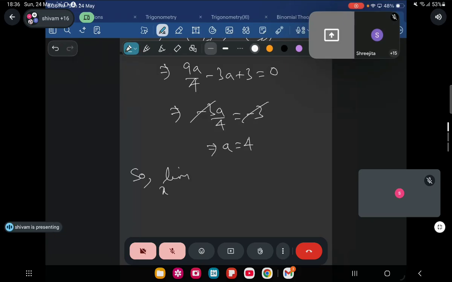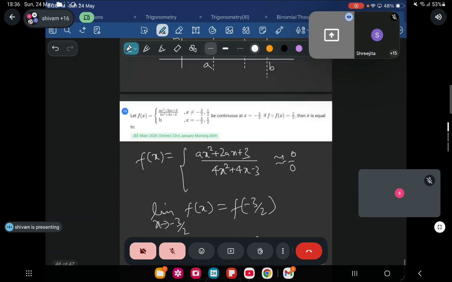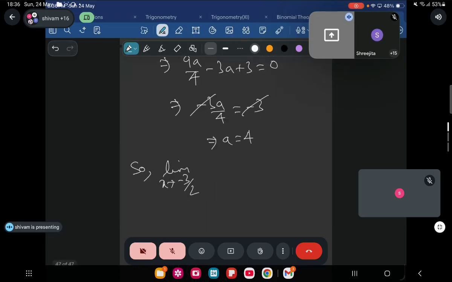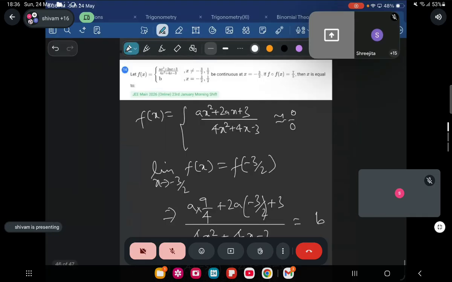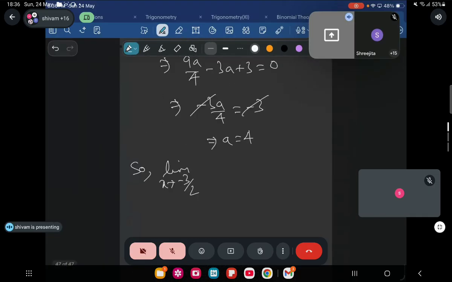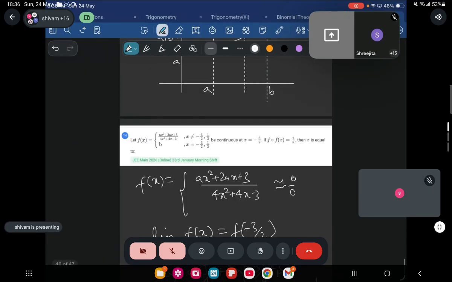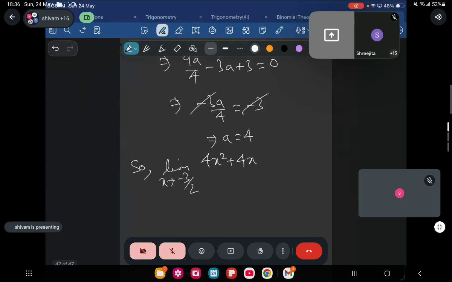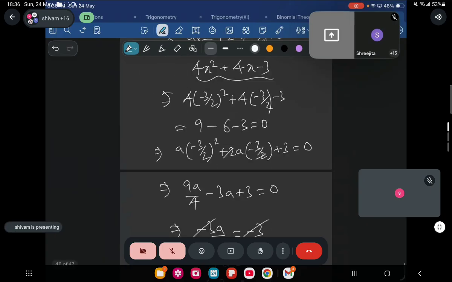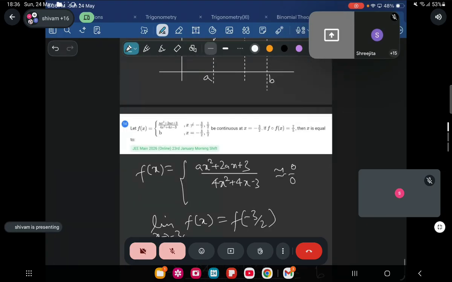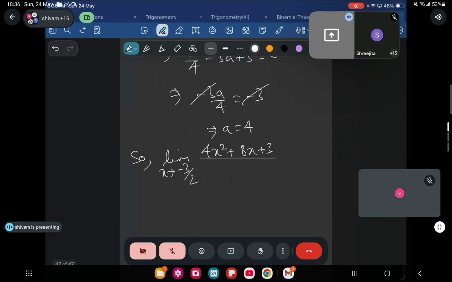limit x tends to minus 3 by 2. Okay, we have got a is 4. So 4 into x square, so 4x square plus 8x plus 3, divided by 4x square plus 4x minus 3.